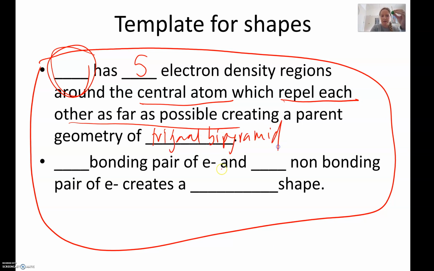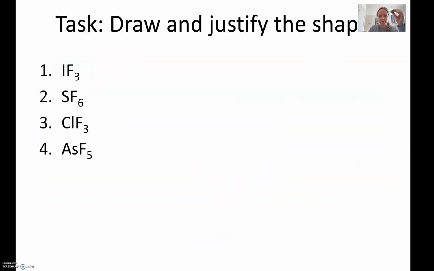In this case there are 5 bonding and 0 non-bonding pairs of electrons, so this also creates a trigonal bipyramid shape. It's exactly the same as last year. Nothing's changed. You will have all seen this last year, but this is the template I highly recommend using, because if you don't, you tend to miss out a point. However, if you've got the right info, you've got the right info.